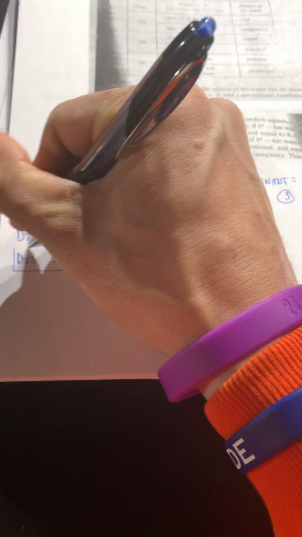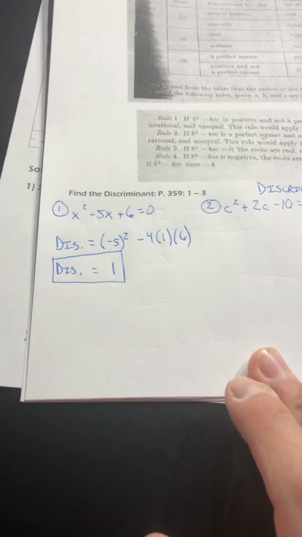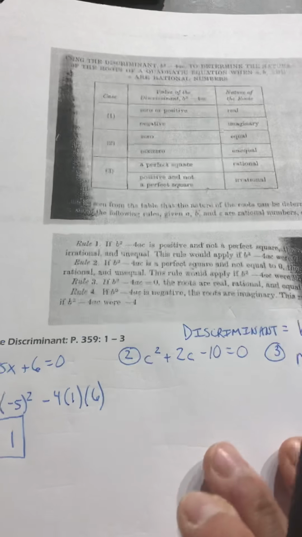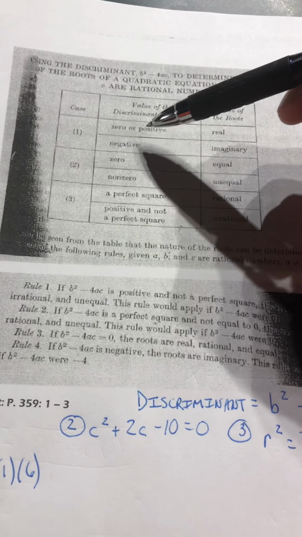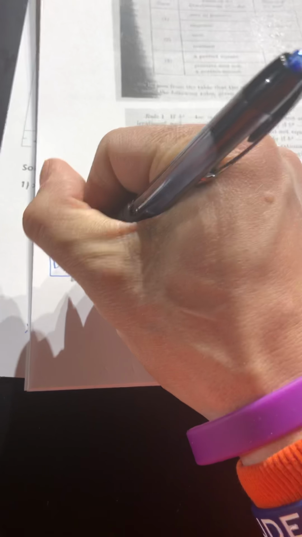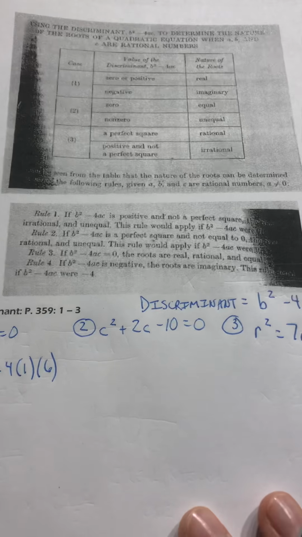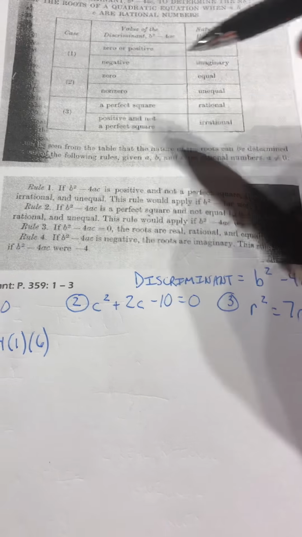So now, just from this, we can look at our chart and tell what this specific quadratic is going to be. So we've got to look at our cases. First of all, look at case 1. Is it 0 or positive or negative? Well, we know it's positive, so that means it's going to be real. All right, so we're going to write 2 real. Now we're going to look at case 2. Case 2 says, which is right here, is it 0 or non-zero?